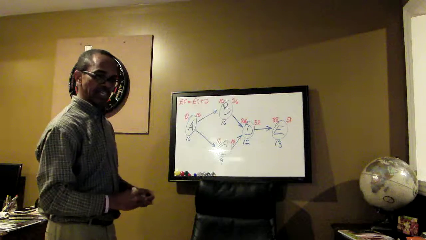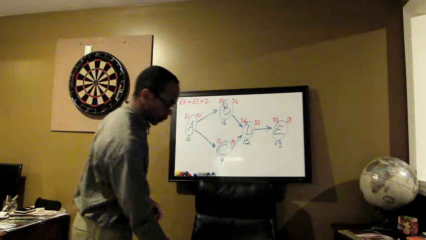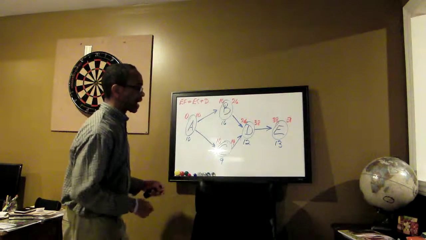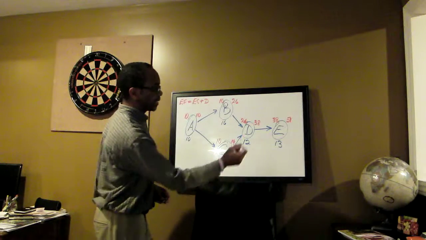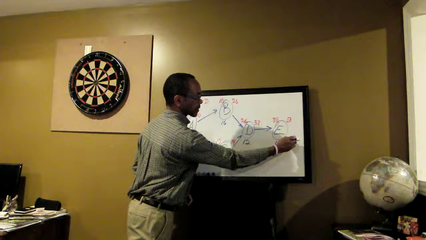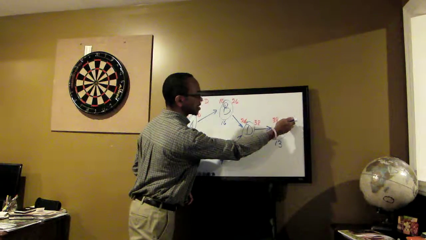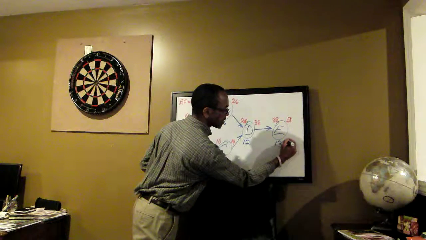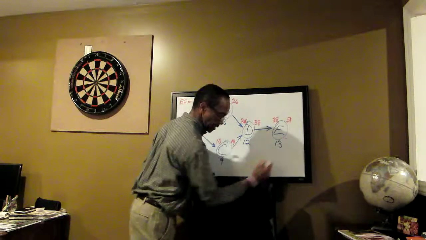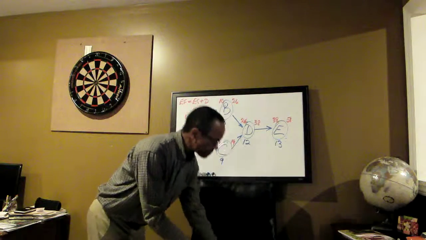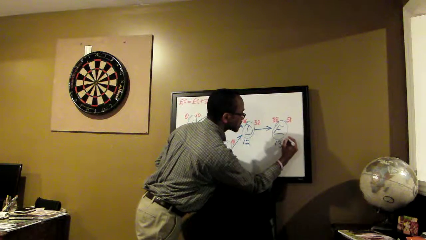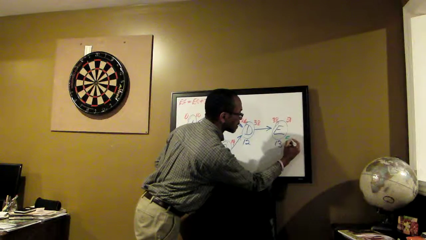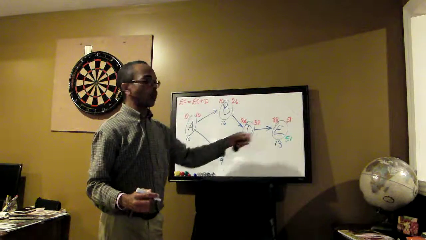Our next challenge is to determine what your backward pass is. And our backward pass calculation, again, the early finish becomes our late finish. Right? So the latest we can finish this is 51 days. Let me change the color and I'll use green. So 51 days. 51, now we are doing the opposite.